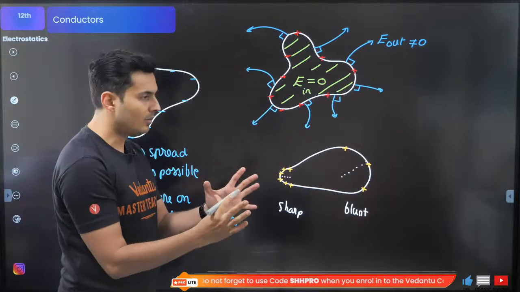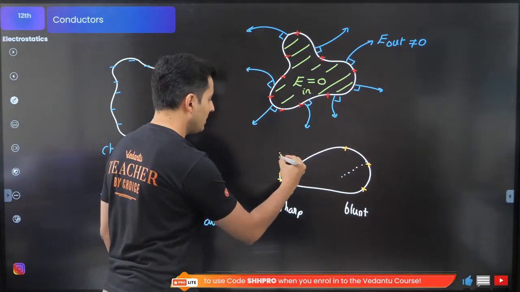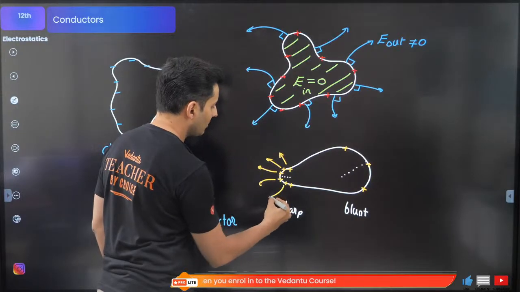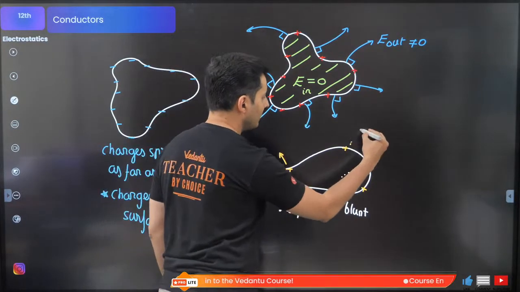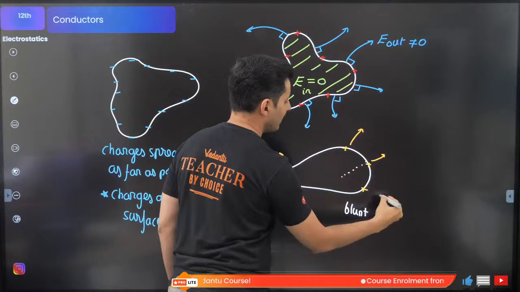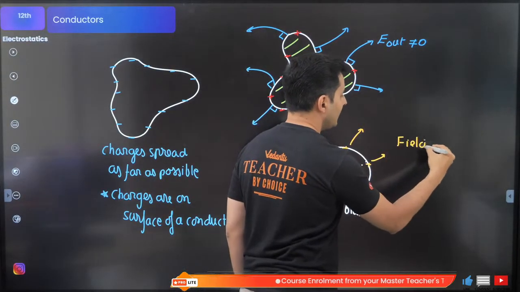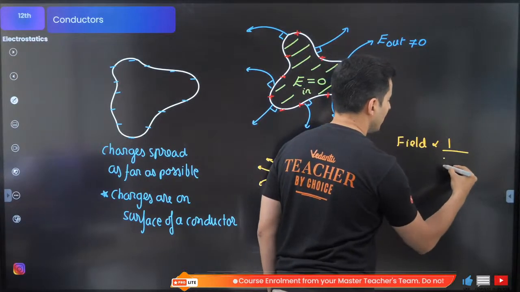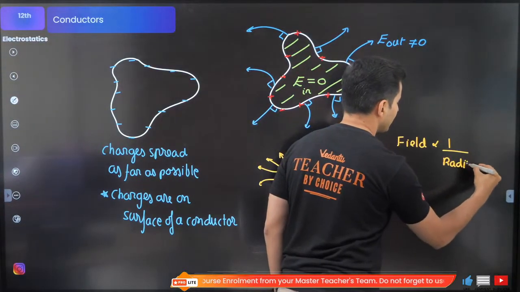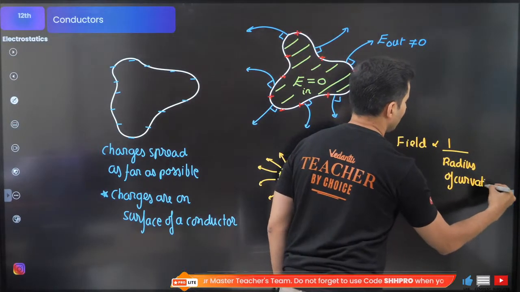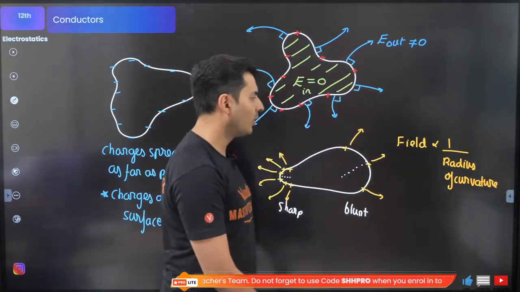In fact, I would say that here there will be a very, very strong field, something like this. There will be a very, very strong field. Here there will be field, but it will be little bit weak. In fact, the field is inversely proportional to the radius of the curvature. Very important.